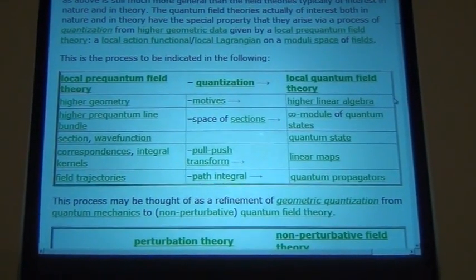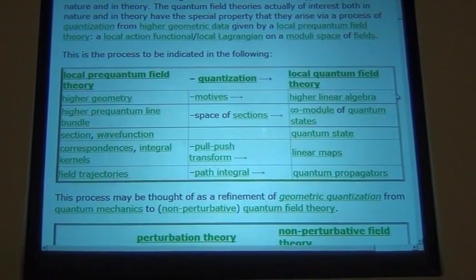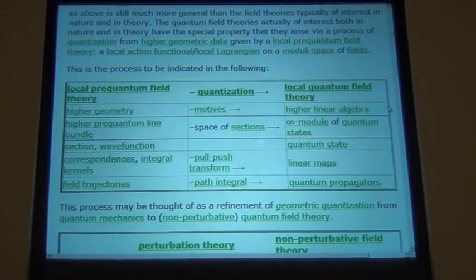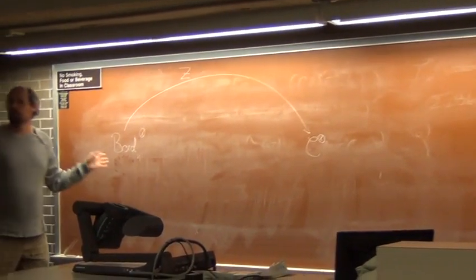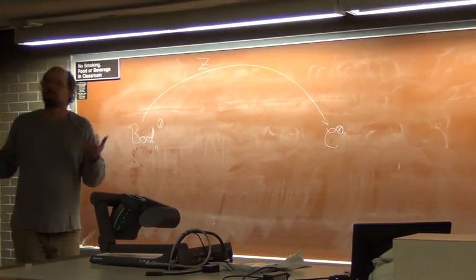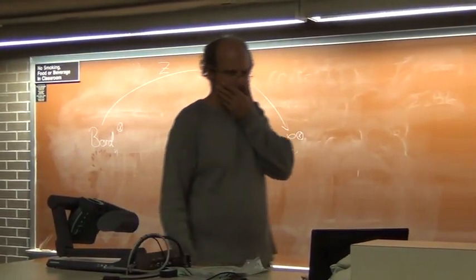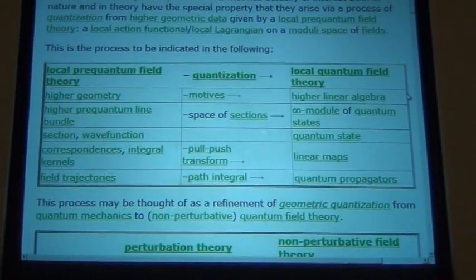Then you want to apply a process of quantization to it. So this is what I want to talk a bit about. What does it mean to produce such an abstract topological field theory from quantization? So roughly it's this kind of story that I'm talking about.